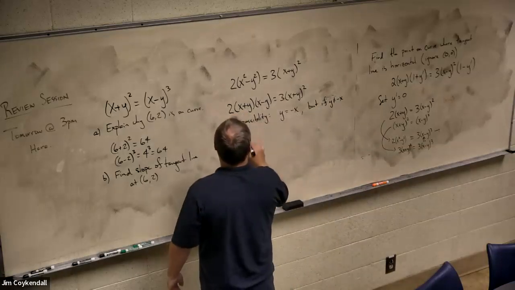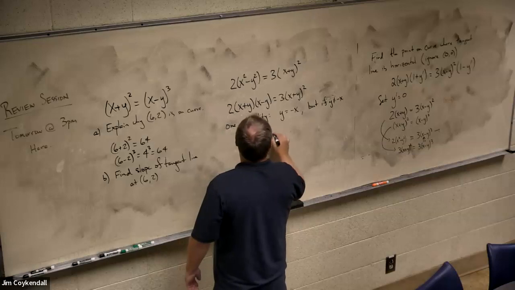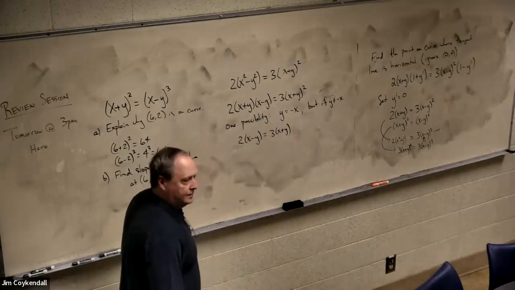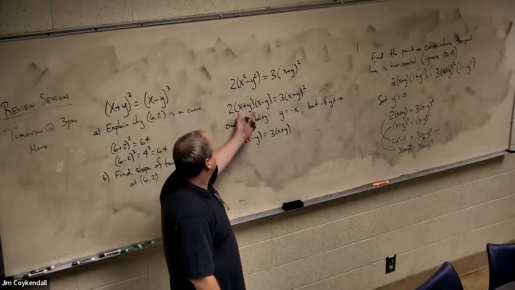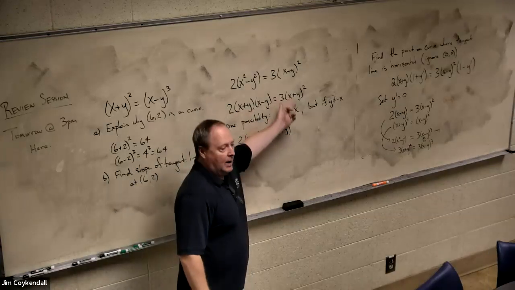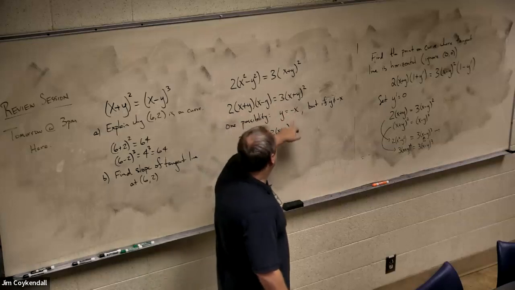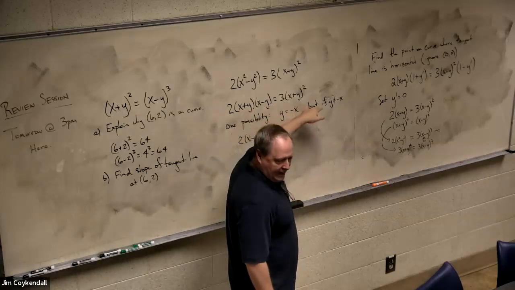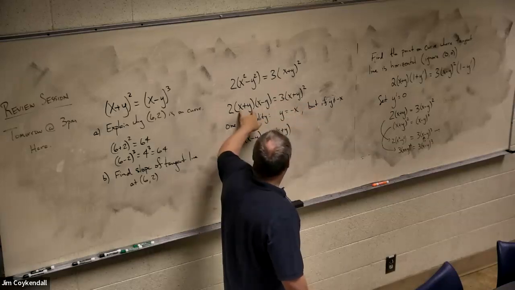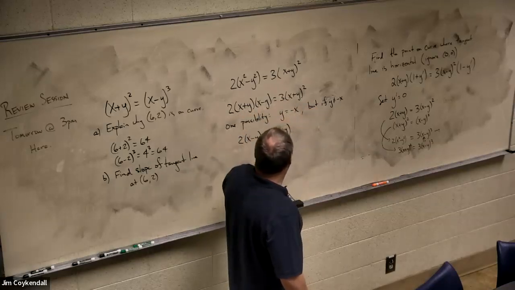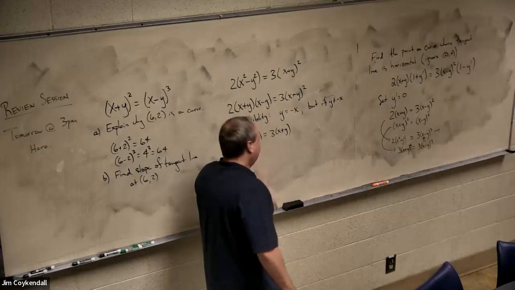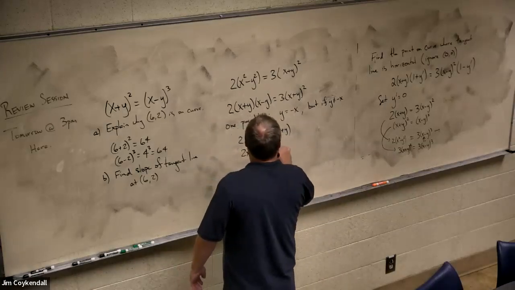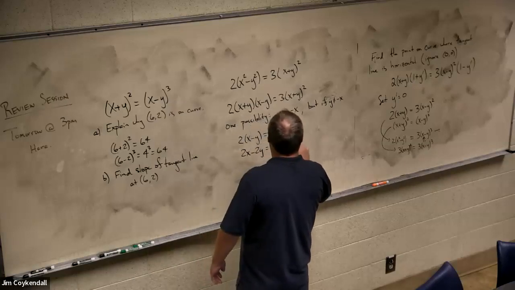I get 2 times x minus y plus 3. Because what I did is I canceled the x plus y here, and this condition makes sure that that's not 0. If x plus y is 0, I can't cancel. If x plus y is not 0, then I can. Got this. And this is an easier equation to solve, because this is 2x minus 2y is 3x plus 3y.